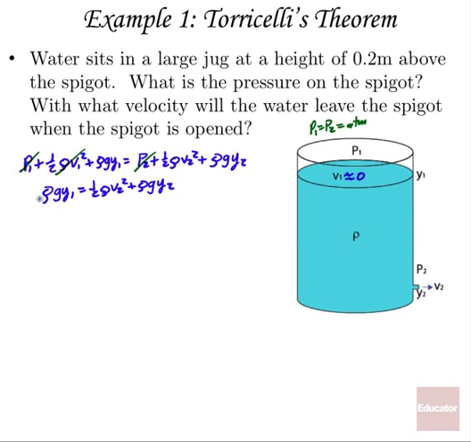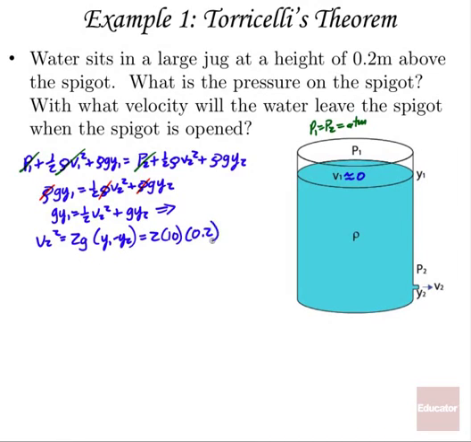I can divide out the density to say that g y1 equals 1/2 v2 squared plus g y2. Or solving for v2, v2 squared is going to be equal to 2g times the quantity y1 minus y2, which will be 2 times 10, and our height difference from y1 to y2 is just 0.2 meters.